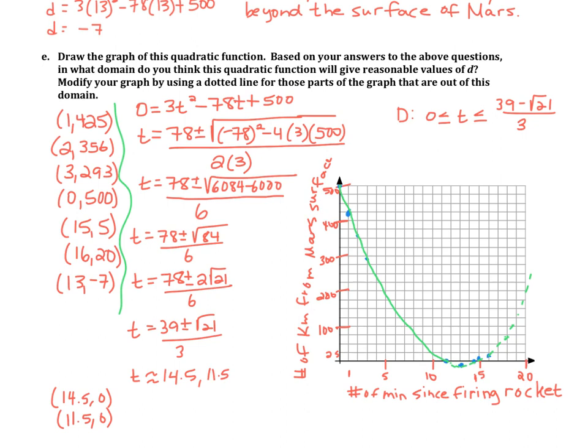And the reason for that is in this scenario, the 0 represents Phoebe, before she fired up her rocket, so to speak, and that time of equaling 0 is valid. And then this exact time that represents the approximation of 11.5, that's the time in which she touched the surface of Mars, and so that is valid in this particular domain as well. So I just wanted to make note of what those inequality symbols were and why they made sense in context of this domain.